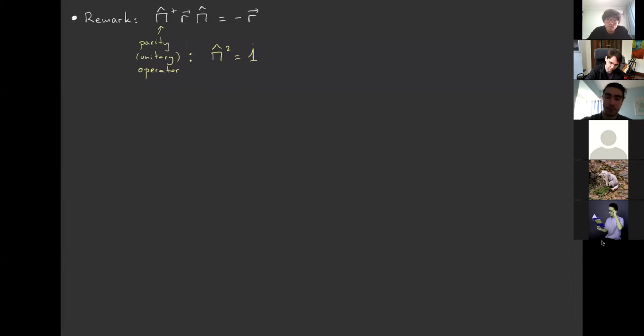Be sure of that. But I write just as 1 with a hat. So as I said, if I apply it twice, then I do nothing. This automatically means that the inverse of the operator is equal to, of course, the dagger because it's unitary, but it's equal to the operator itself. And then this automatically means that the eigenvalues of this operator that we will call pi are plus or minus 1. Okay?